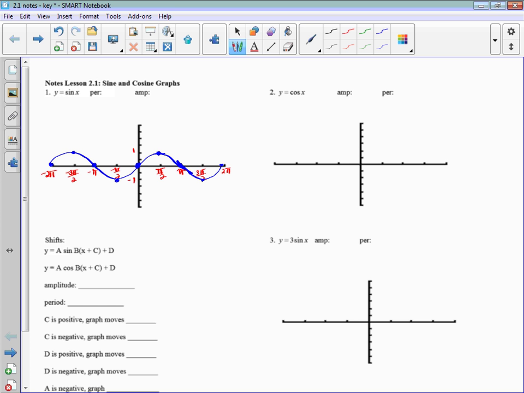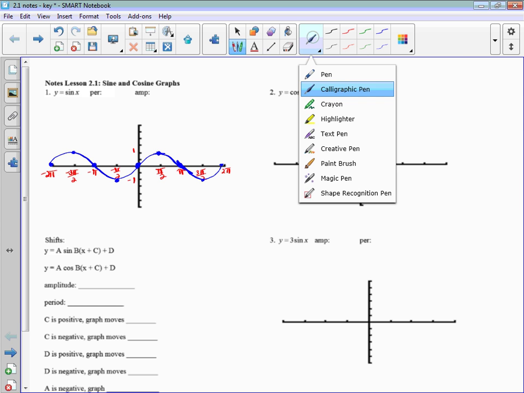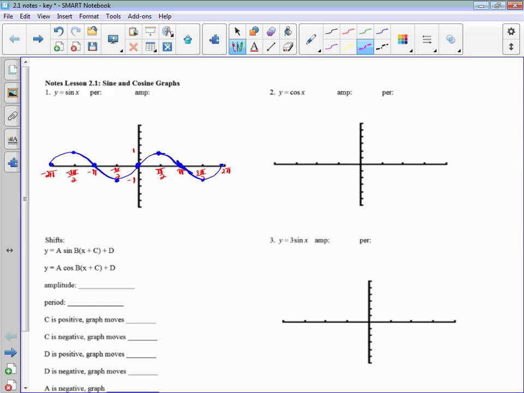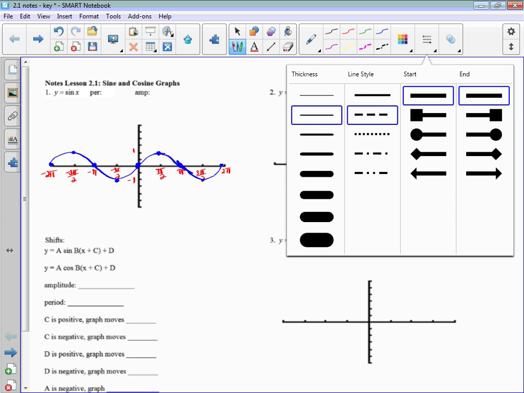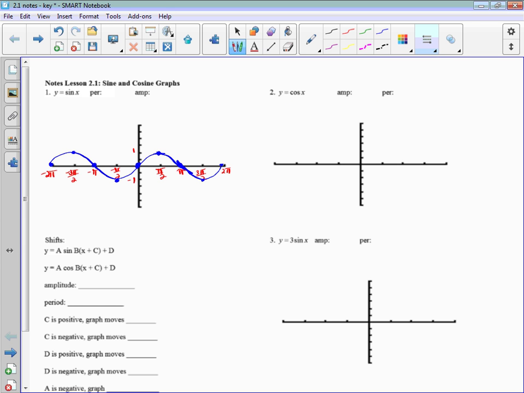We've got those two things at the top, PER and AMP, that stands for period and amplitude. I'm going to do the amplitude first. I'm going to draw on here what's called my midline. I'm going to make it a dashed line. It's not an asymptote or anything, just the midline of your graph.